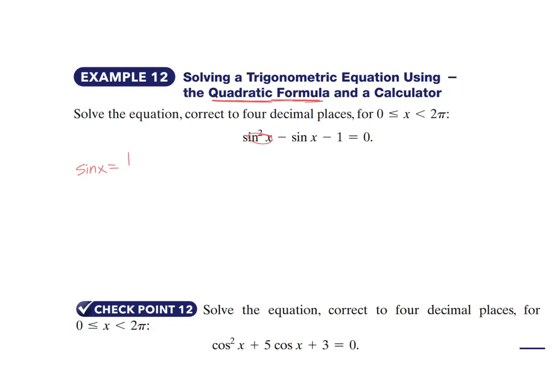So negative b plus or minus the square root of b squared minus 4 times a times c all over 2a. So that means sine of x equals 1 plus or minus the square root of 5 over 2. And this is approximately 1.6180. Okay, or negative 0.6180.